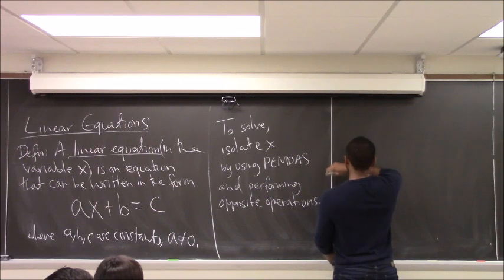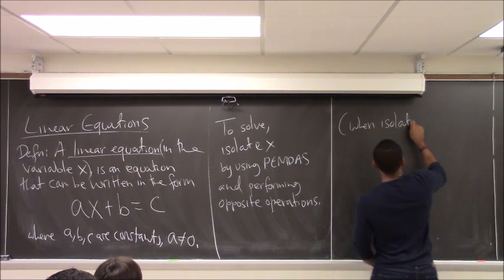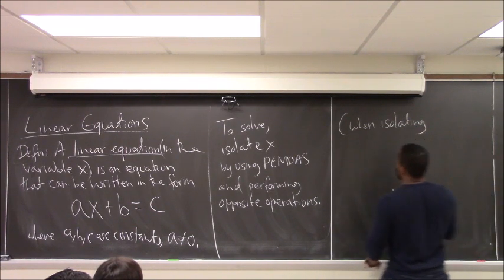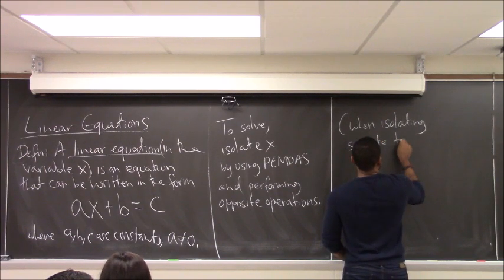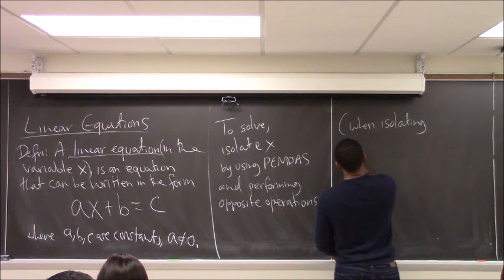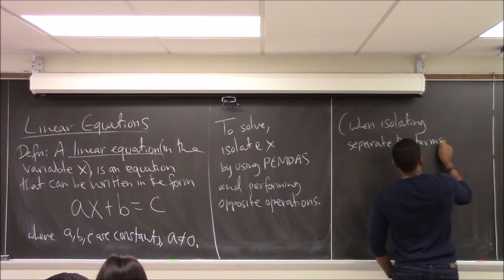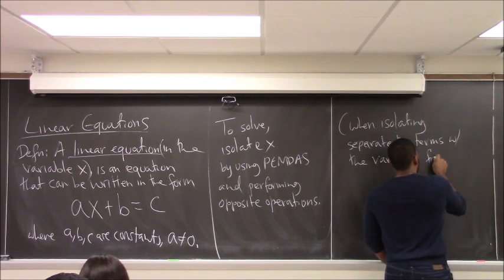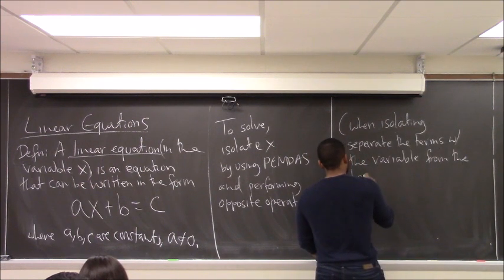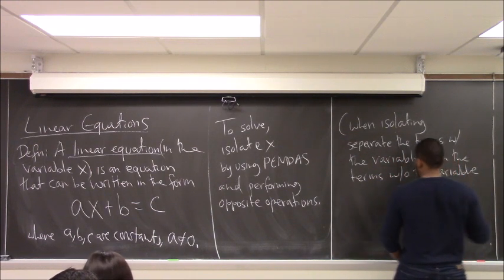One thing I want you to note, I've said this before, but I should write it down again. When isolating, separate the terms with the variable from the terms without the variable first.